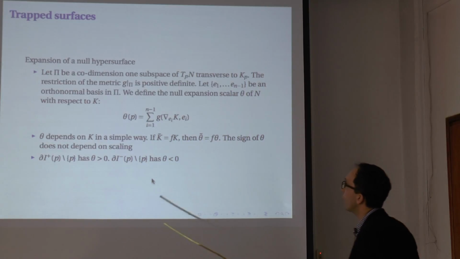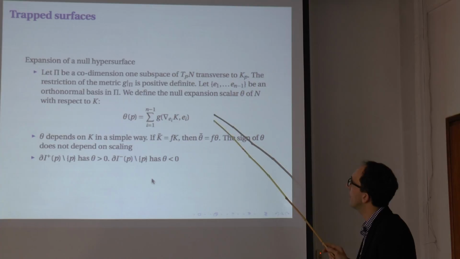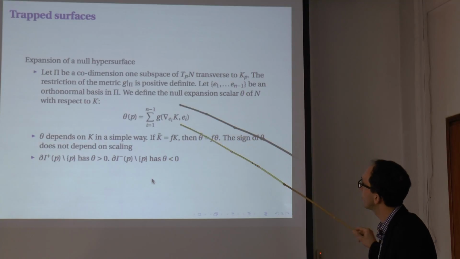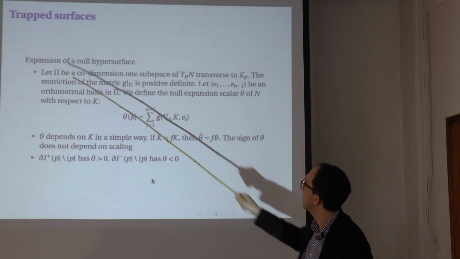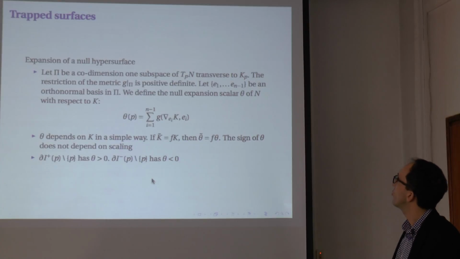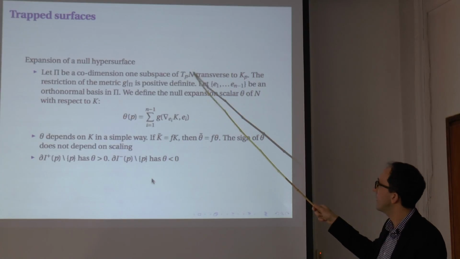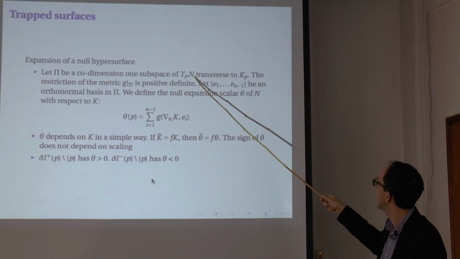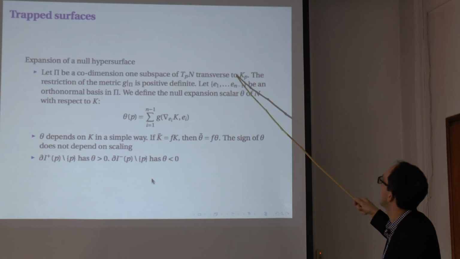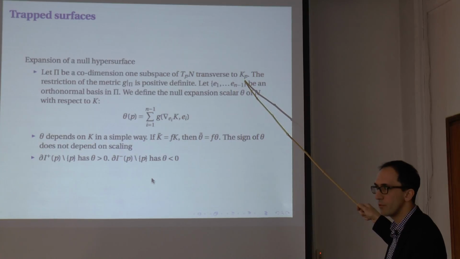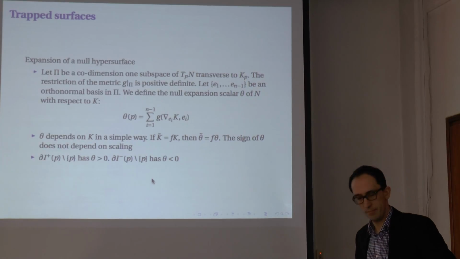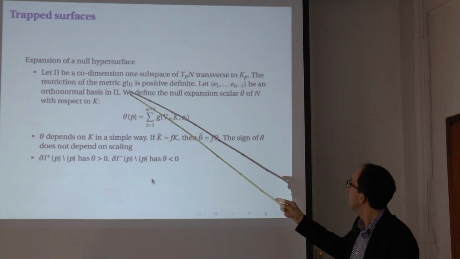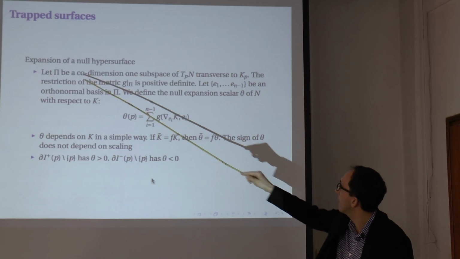And we want now to define the expansion of such a null hypersurface. This can be done as follows. We take capital Pi to be a codimension 1 subspace of this space which is tangent to the null hypersurface, and which is transverse to this vector K. So you forget about the direction in which the metric is degenerate, and then the restriction of g to Pi is just positive definite.